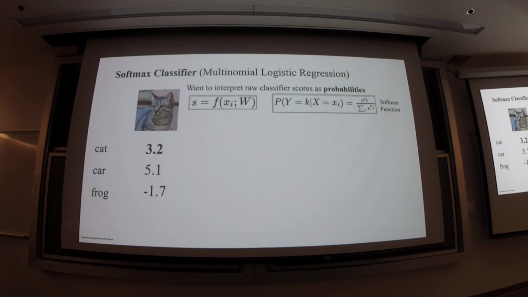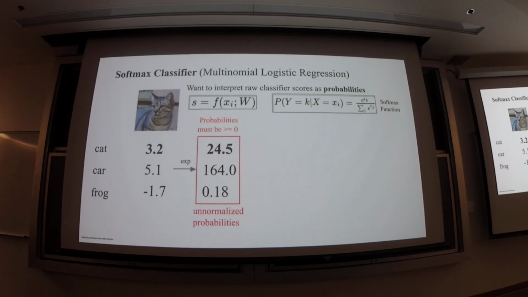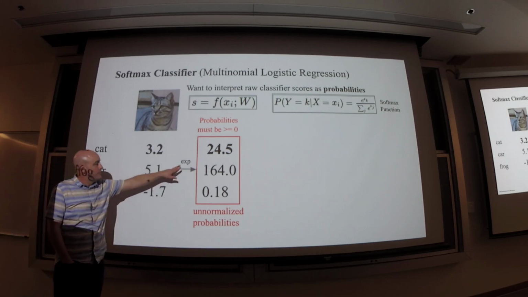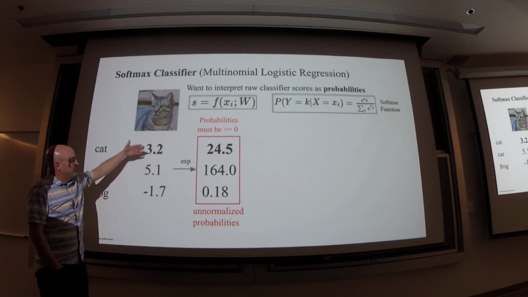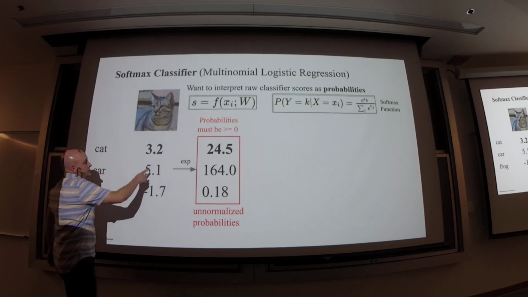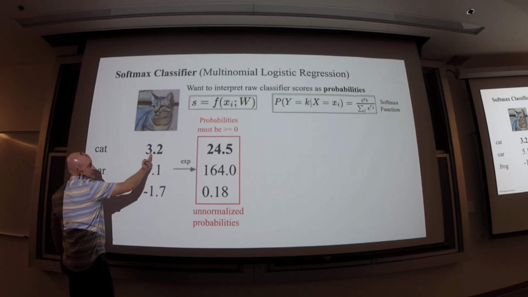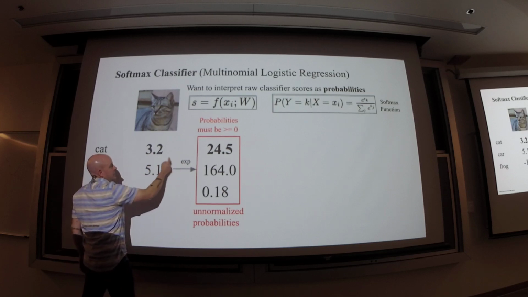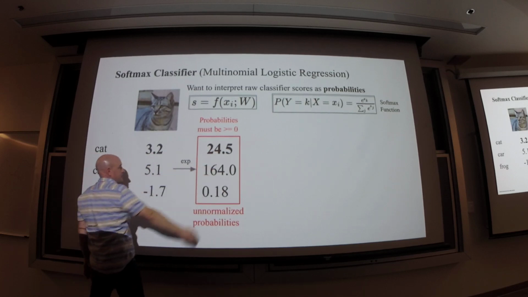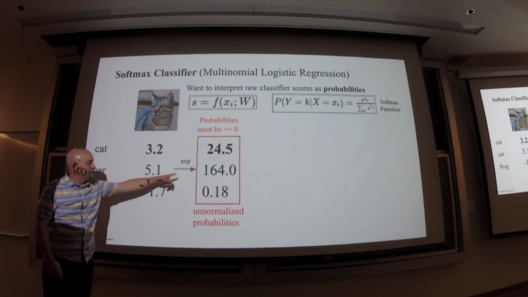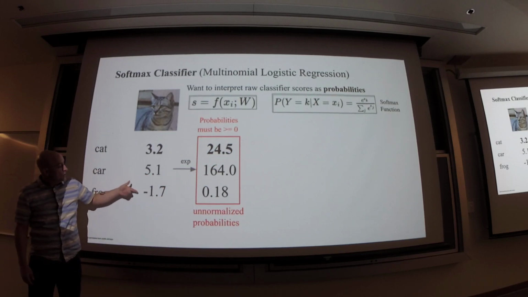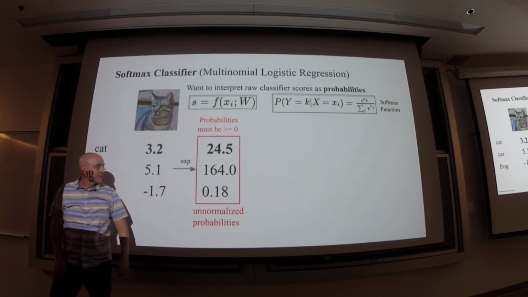What we're doing is basically turning them into a probability distribution. You can do this a number of ways. The way that we do this is we first exponentiate all these. The first transformation is to take this and make this the exponent of e. So e to the 3.2 ends up being this, e to the 5.1 ends up being this, e to the minus 1.7 ends up being this.